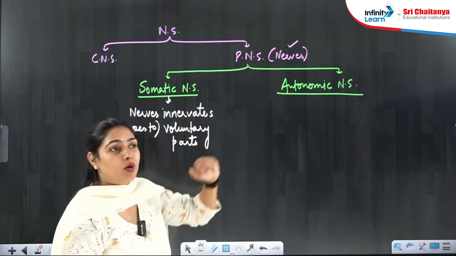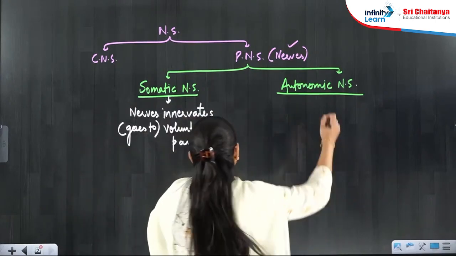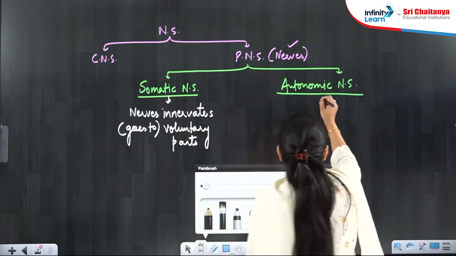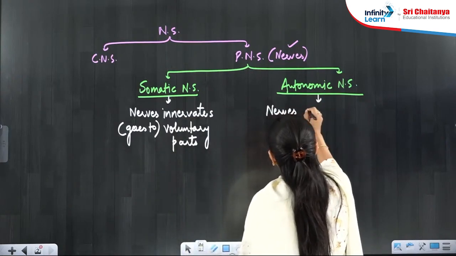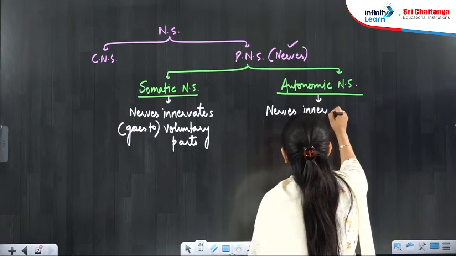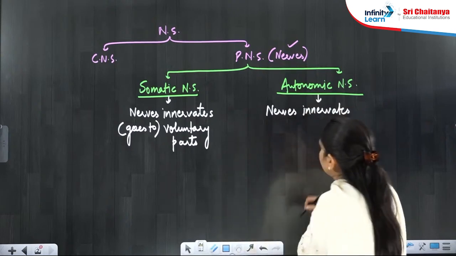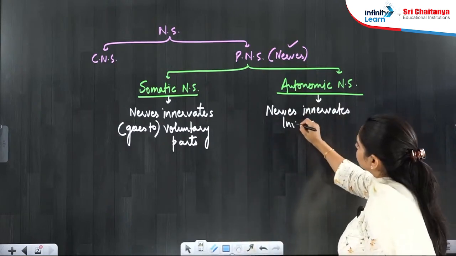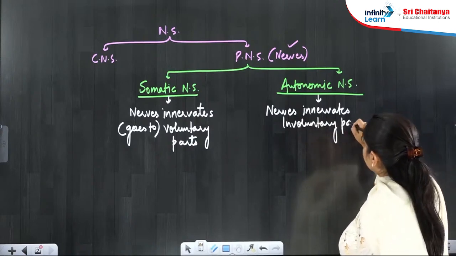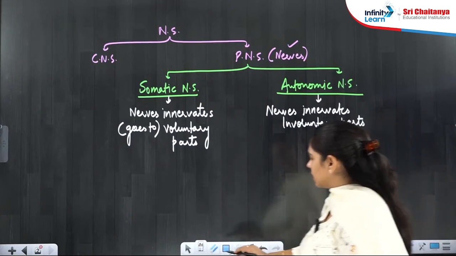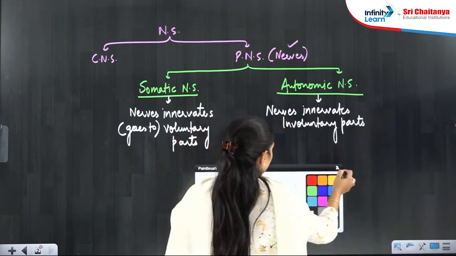Autonomic nervous system. Autonomic nervous system consists of those nerves which innervate involuntary parts. Now, in your involuntary parts, two types of functions will be occurring.